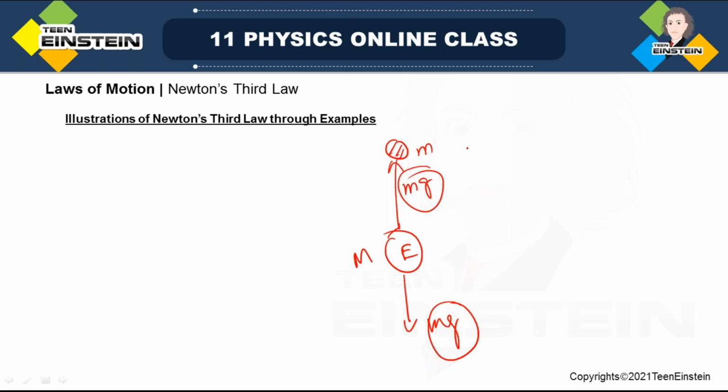Suppose you have a stone of small m and you are just releasing it from free space, so what will happen? Because of this gravitational pull, it will be pulled down to the earth surface. So the force given by the earth is mg, which is acting downward.